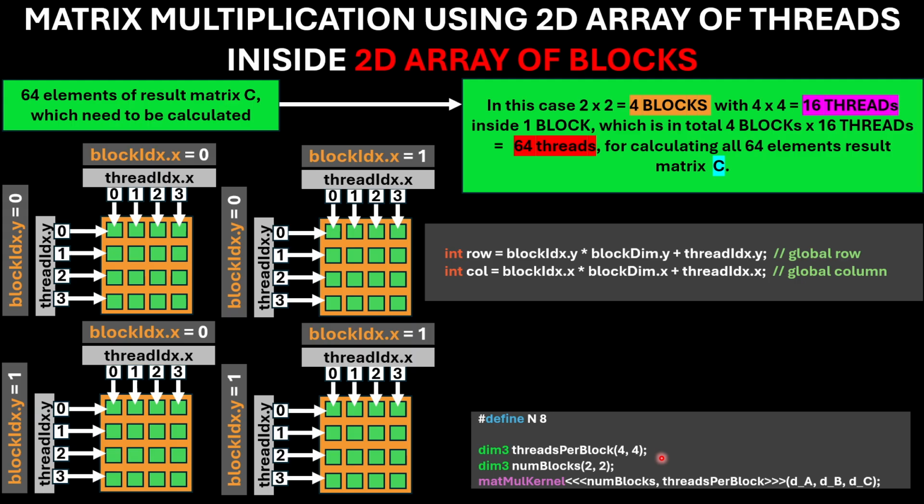Threads per block goes here in the call of the kernel function, which helps us turn this kernel into multiple threads. And the number of blocks, 2 times 2, goes into the number of blocks inside of the grid. Also, it's a 2D array of blocks, and this is a 2D array of threads.